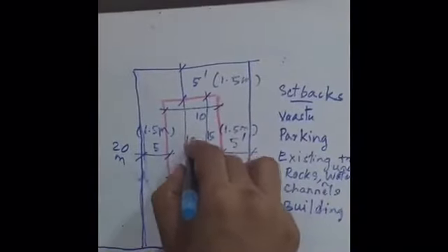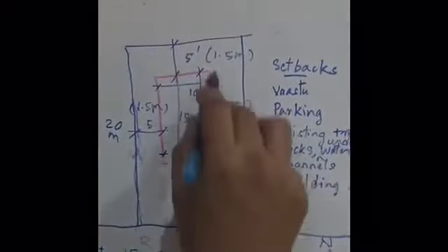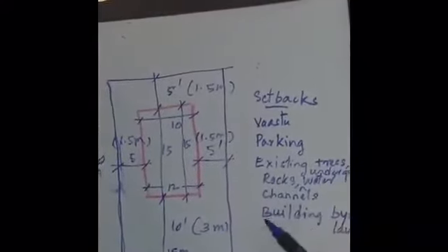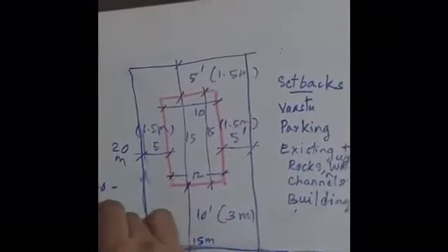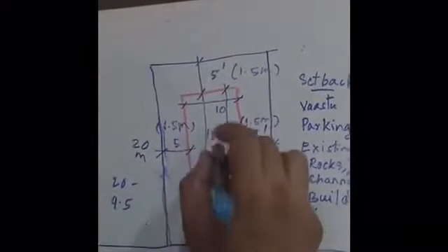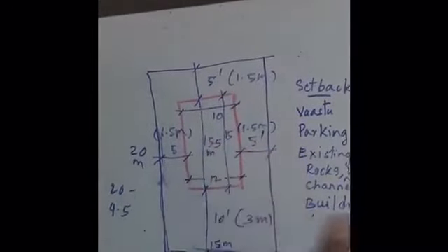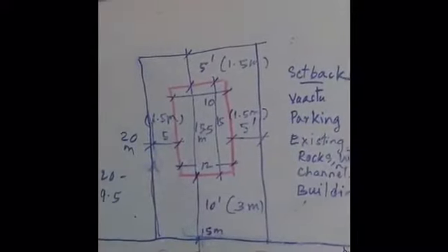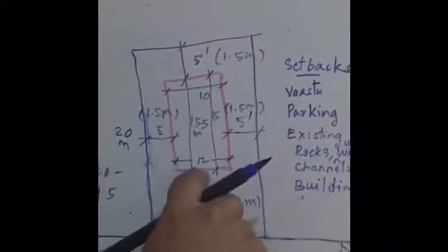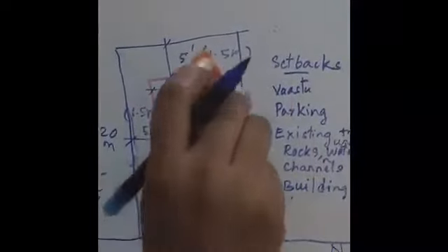So out of the 20 we have actually more than 15 now. 3 plus 1.5, 4.5, 20 minus 4.5, that is 15.5. So as you can see, based on the bylaws, our 10 has become 12. So you have a lot more area to build.